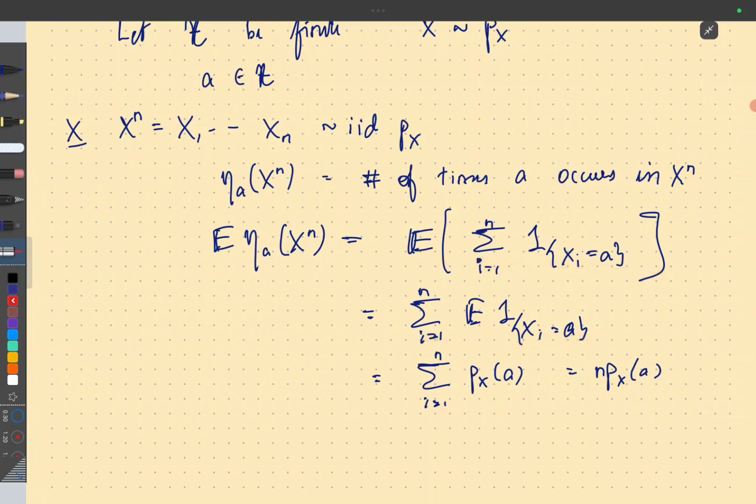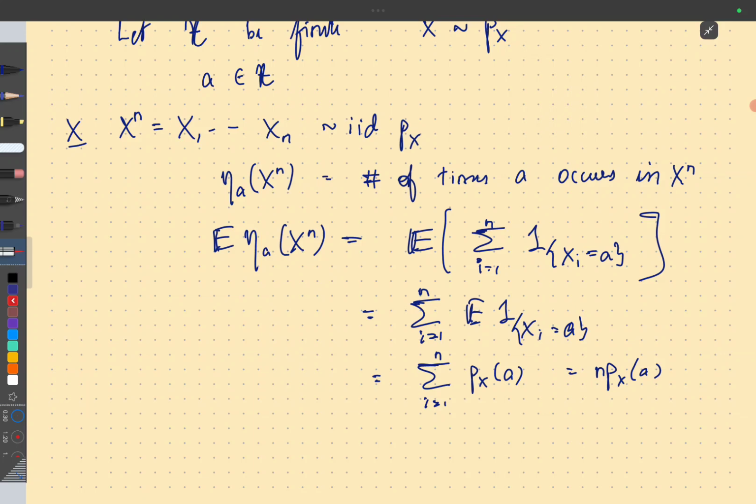So even if the xi's are all dependent, strongly dependent in fact, this expectation is still equal to n times Px of A. So as long as the xi's are identically distributed, they need not be independent. As long as they're identically distributed, the expected number of times the symbol A occurs in the sequence is equal to n times Px of A.